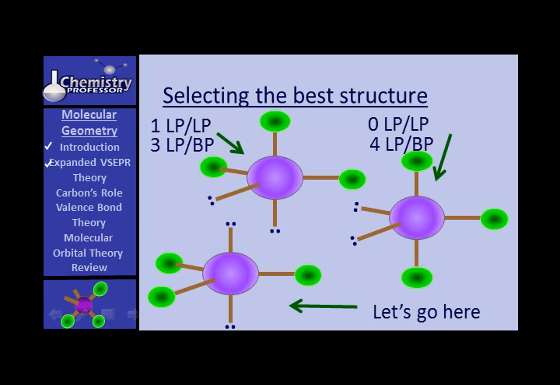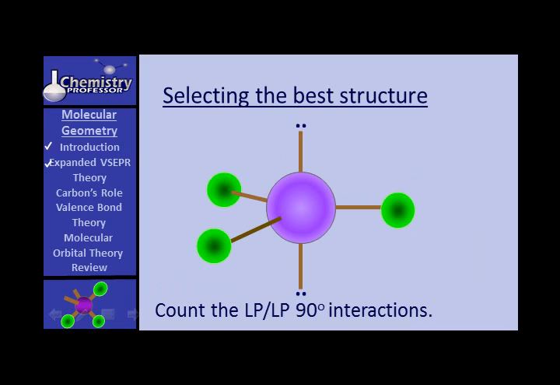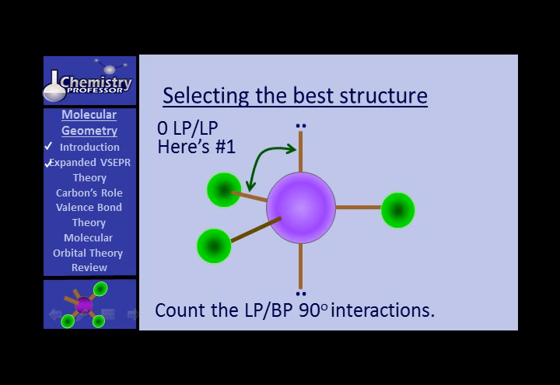Let's have a look at that one right there now. Well, count the lone pair 90-degree interactions. You'll say, nah, they're not any. Those things are 180 degrees apart. They aren't going to give us any trouble at all. Now let's count the lone pair bond pair 90-degree interactions. There's one.